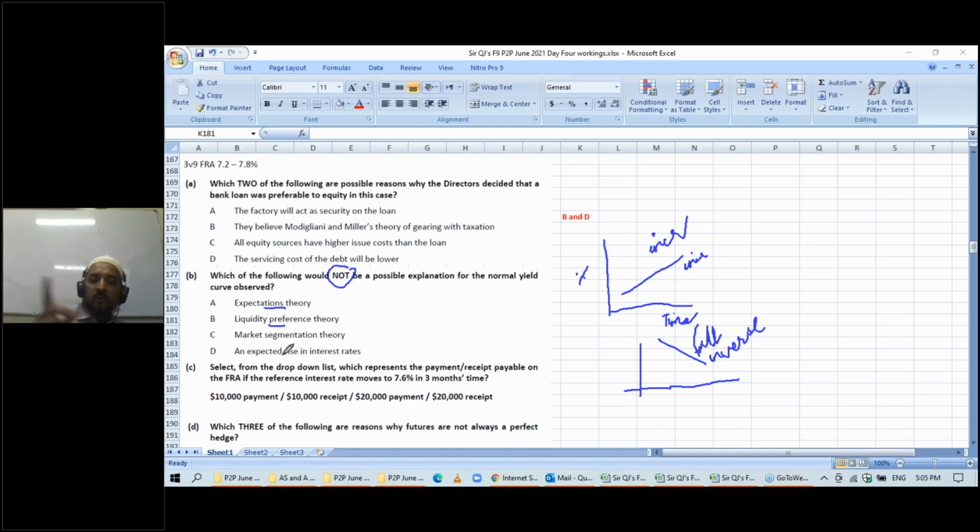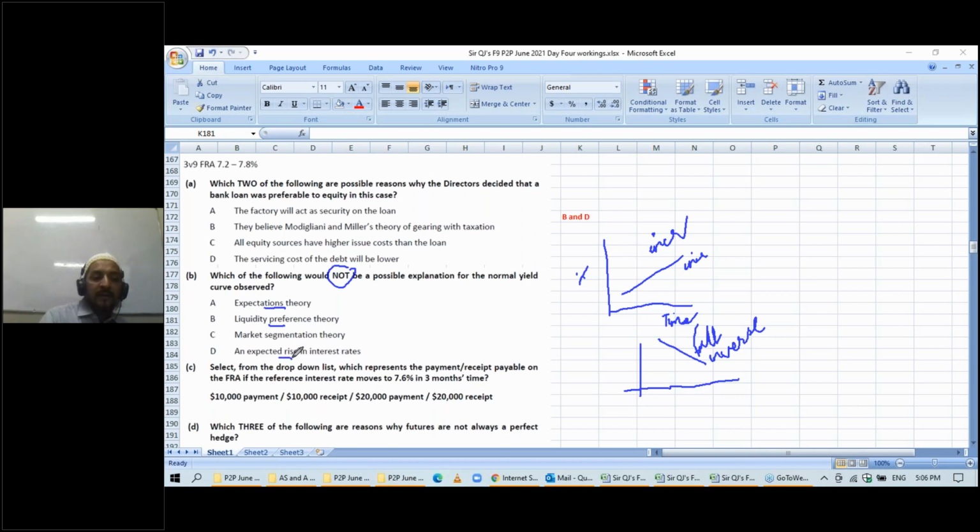So liquidity preference theory also says that people intend to hold cash, but if you want to take cash from them, you have to pay a higher rate, and if you want to hold cash from them or obtain deposits for a longer time, even more interest is to be paid. So this is also covered in that.